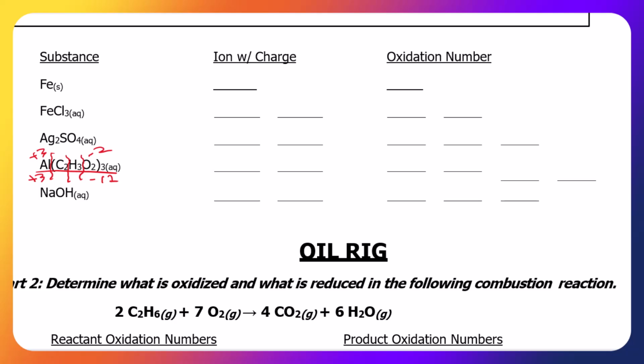Now, hydrogen we know is going to be +1. It just is. And there are 3 times 3, that's 9 of them. 9 times a +1 is +9, and I'm just going to plop that down here. Now, here's the deal. This is a compound, so all the oxidation numbers down here in the accounting have to add up to 0.